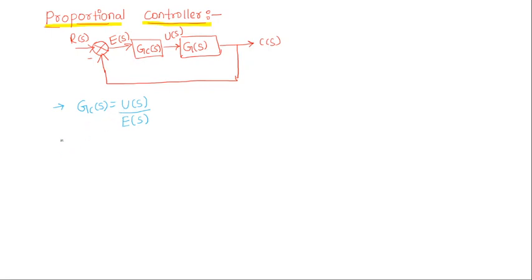Specifically, we are going for the proportional controller. In the proportional controller, the actuating signal for control action is proportional to the error signal.